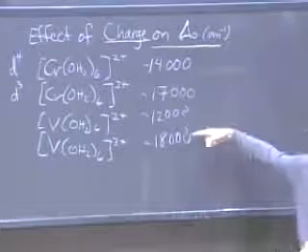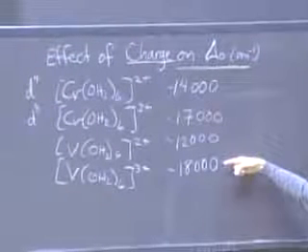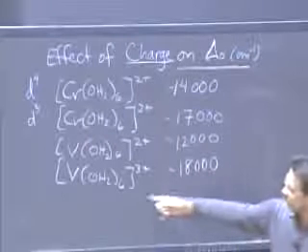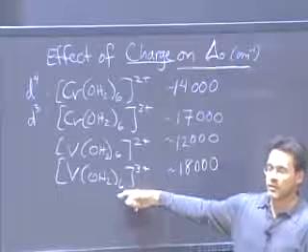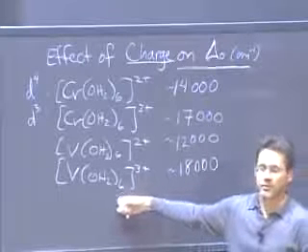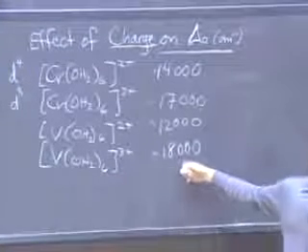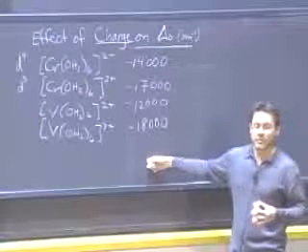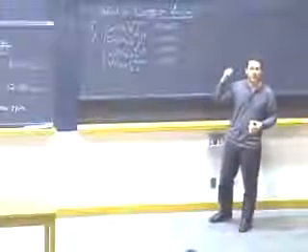So even a larger increase in the value of delta O on going from the 2+ to the 3+ oxidation state of the metal. And then in the notes you'll find another example that behaves similarly based on cobalt. So if you go from cobalt 2 to cobalt 3 hexa-aquo, you go from about 9,000 up to 18,000 reciprocal centimeters. So almost doubling the value of delta O by removing one electron from the system.